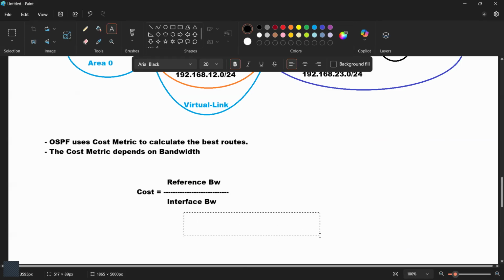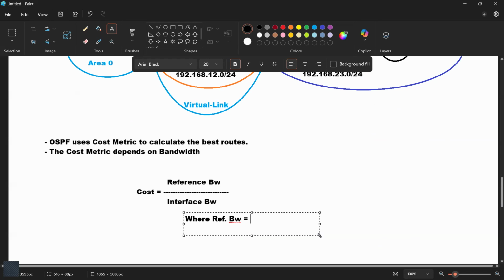Where reference bandwidth equals what? What is the value of reference bandwidth? 10 to the power 8 bits per second.